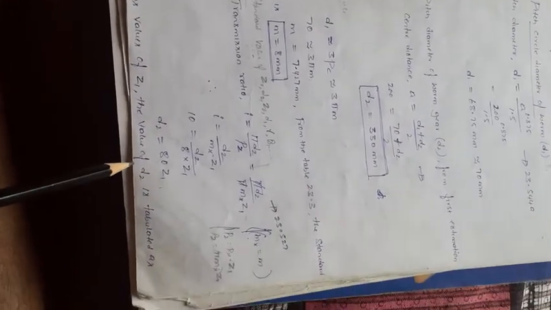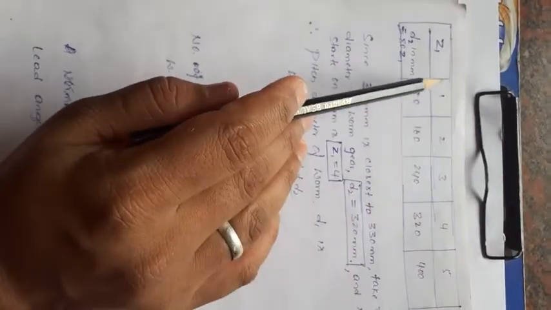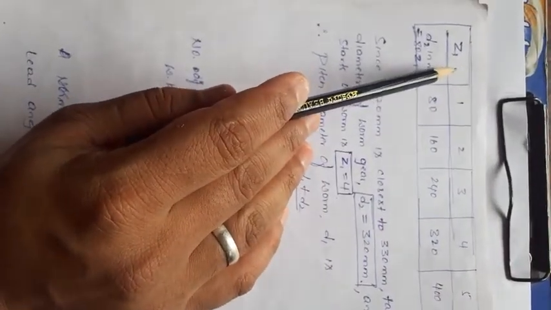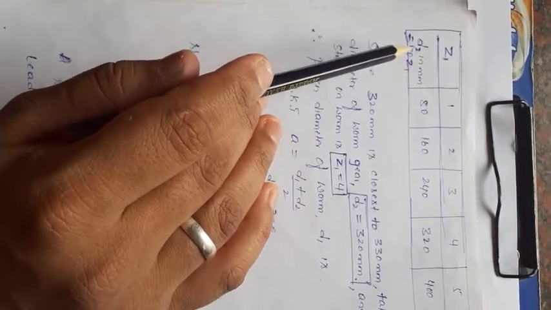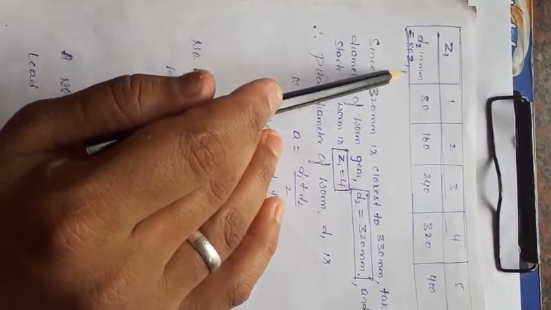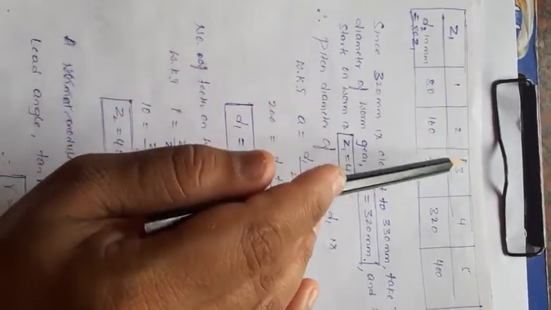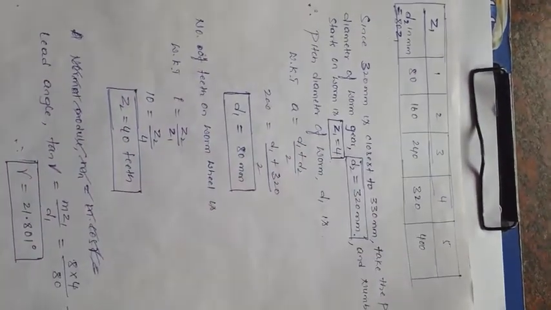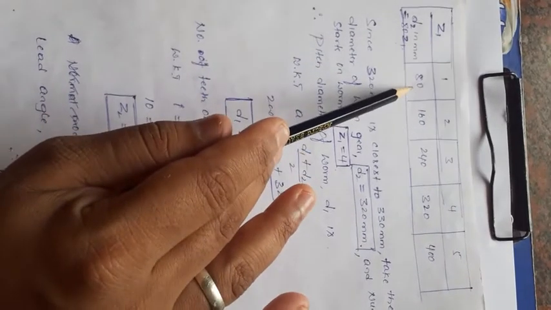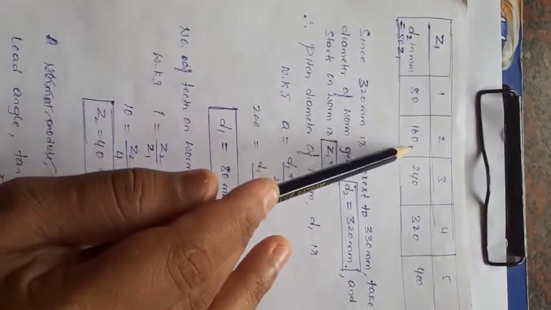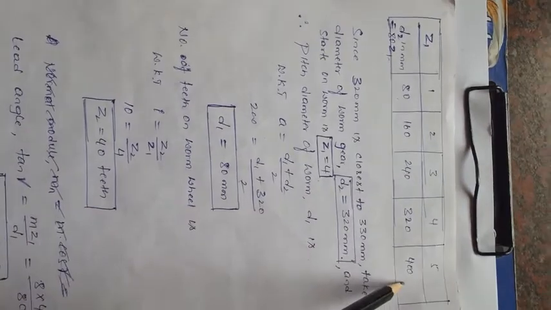Now for various values of z1, the value of d2 is tabulated. Here z1 is the number of starts or threads in the worm, and d2 is equal to 80 times z1 in millimeters. The number of starts is 1, 2, 3, 4, 5, and so on. Substituting the z1 values, we get d2 as 80, 160, 240, 320 and 400.